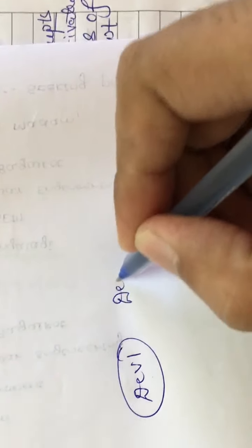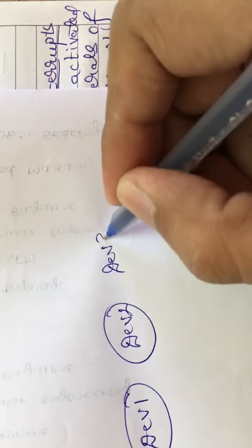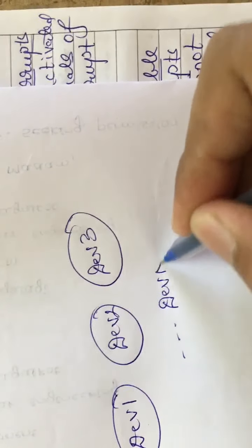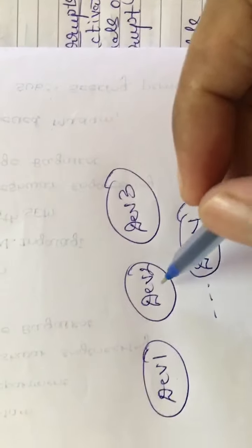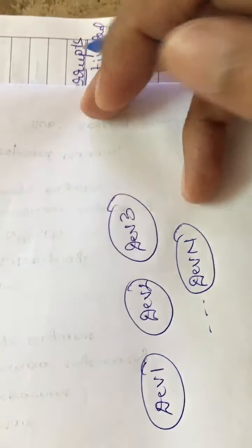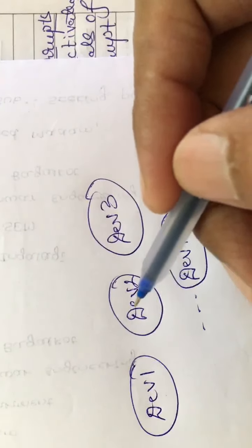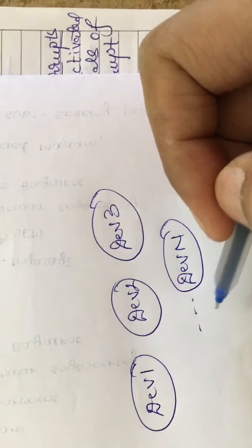Device 1, device 2, device 3, up to device n. All these devices are internally or externally connected to the microcontroller.